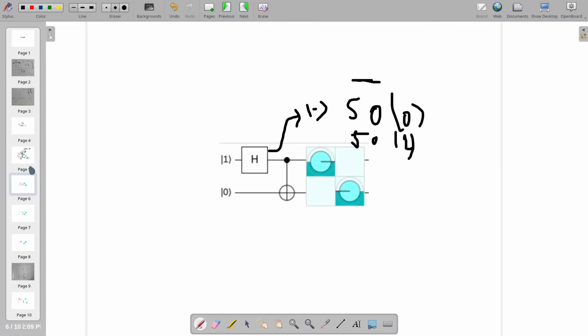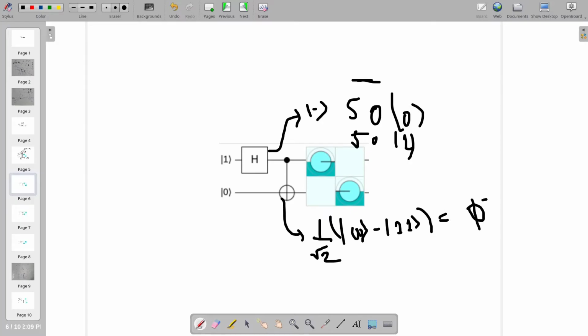Like the previous slide, the same principle applies here. This time we will get 1 by under root 2 (0 0 minus 1 1), because of the change in the phase, which is nothing but phi minus.